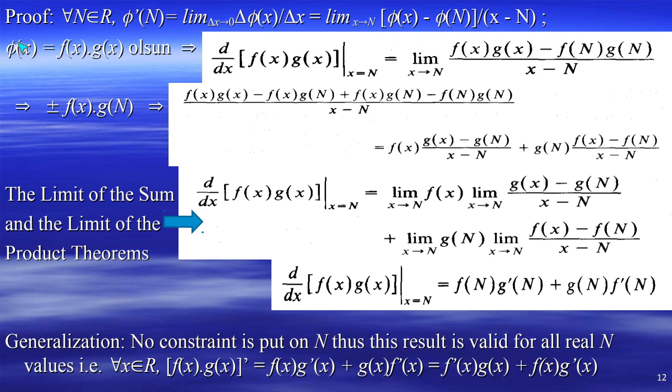So let's replace phi of x by f of x times g of x in this formula. The derivative of f of x times g of x at x equal to n, which is phi prime of n in this case, is the limit when x goes to n of f of x times g of x minus f of n times g of n over x minus n.